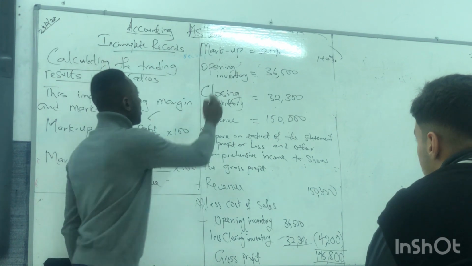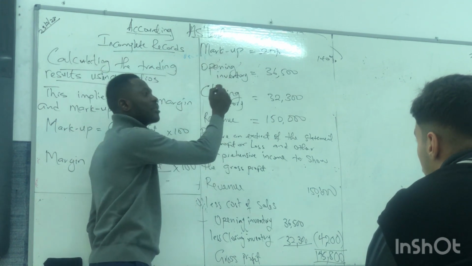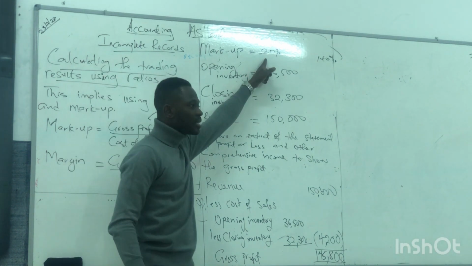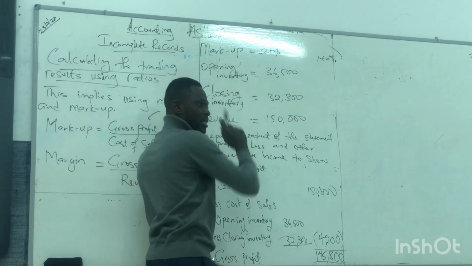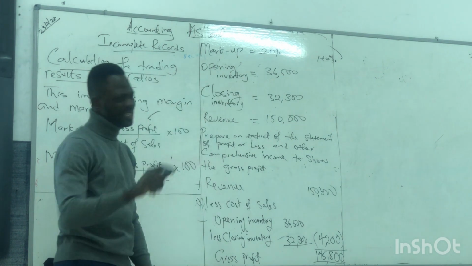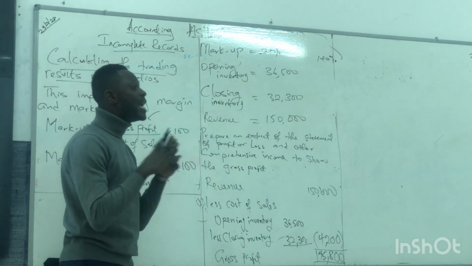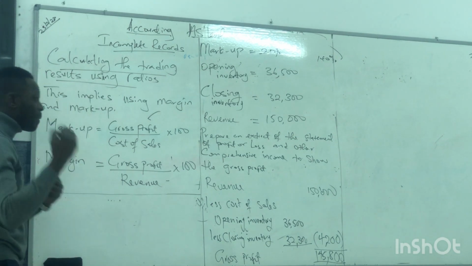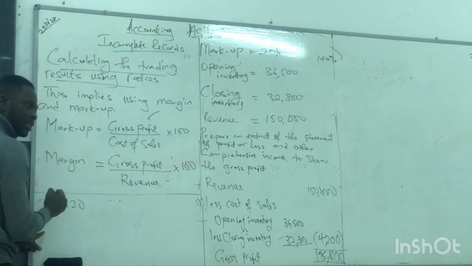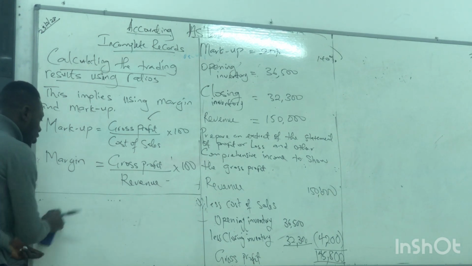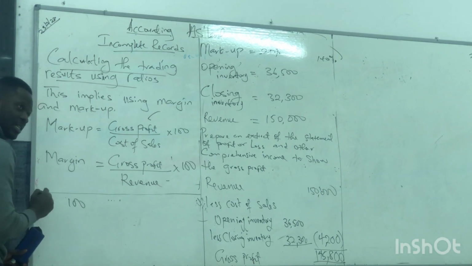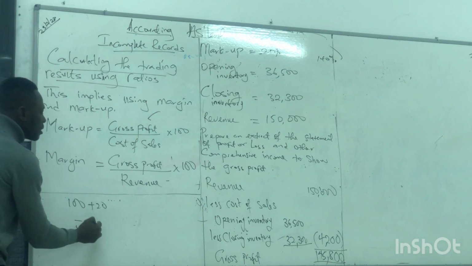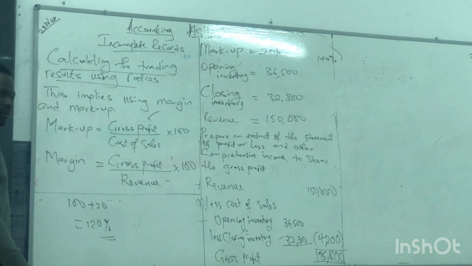But if it was margin, it would be 100 minus 20, and that would be 80%. Instead of 80, because it is markup, we have 120. That is the 100 plus 20, making 120%. Do you get it?